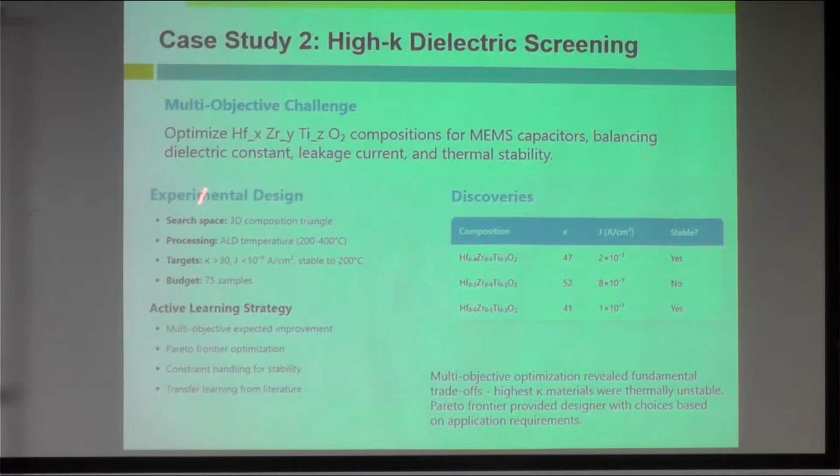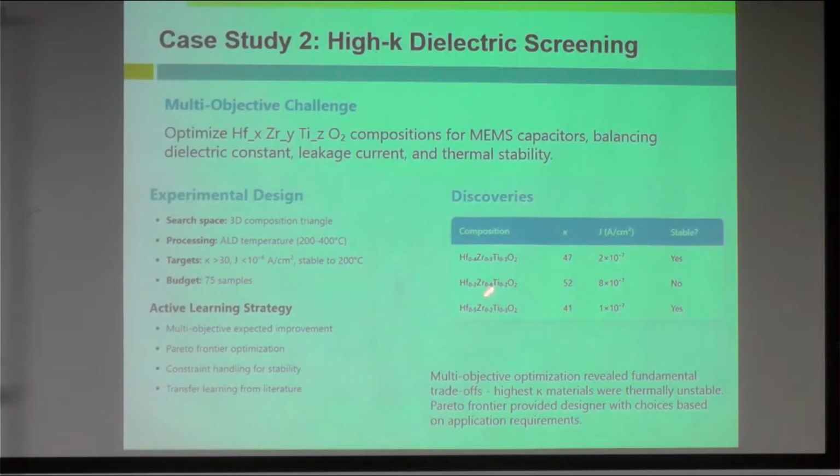The experimental design here uses a 3D composition triangle and an ALD processing temperature of 200 to 400 degrees Celsius, with a target kappa of more than 30, and a sample budget of 75. The active learning is multi-objective expected improvement, because you want to optimize a few properties here, and Pareto frontier optimization will be used, for example.